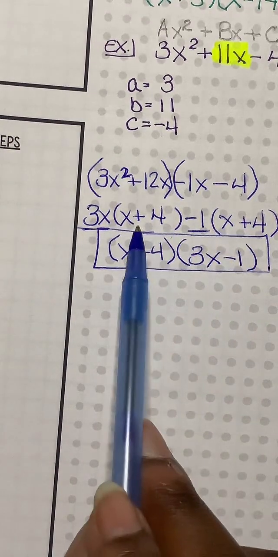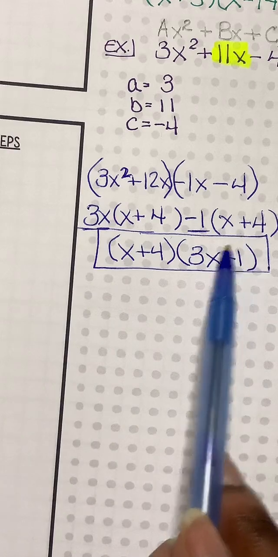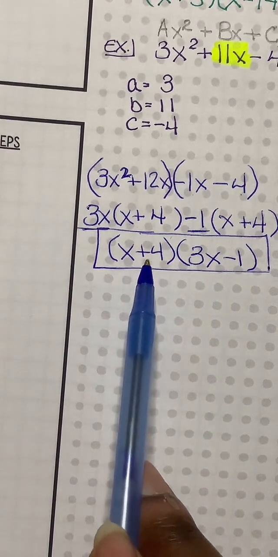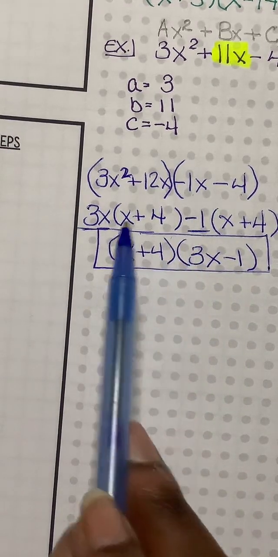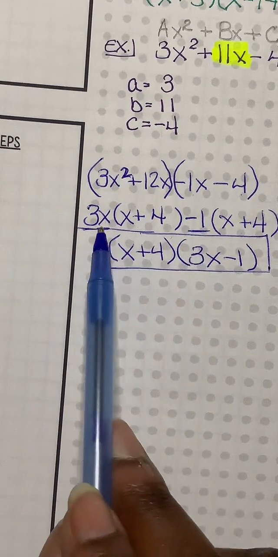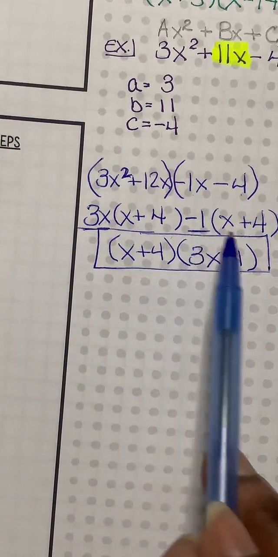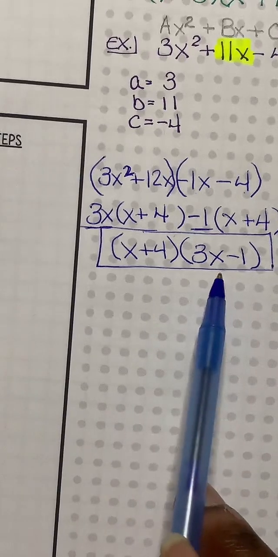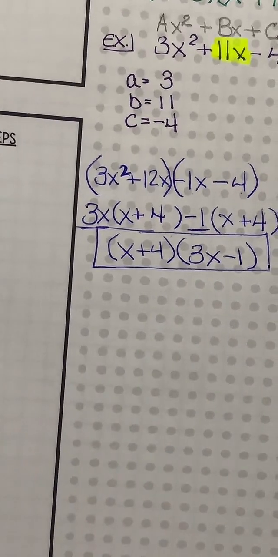That's the greatest common factor, what they both have the same. That's where that x plus 4 comes from. And everything outside, the 3x minus 1, is going to go inside its own parenthesis.